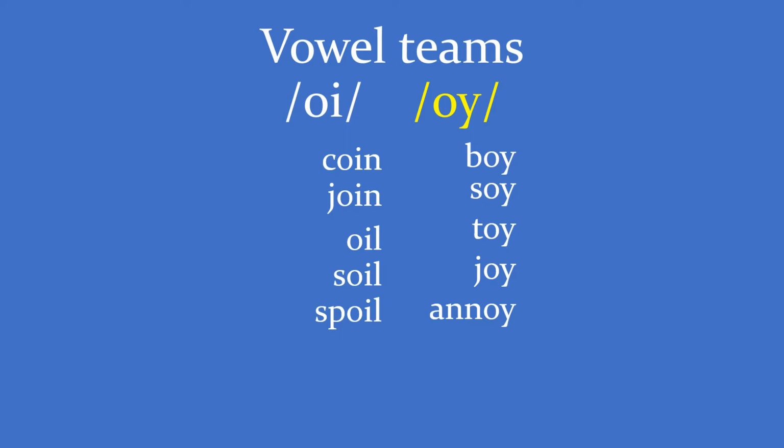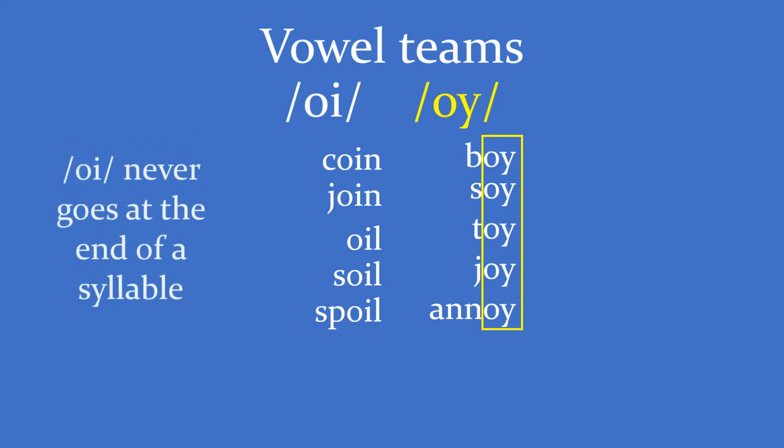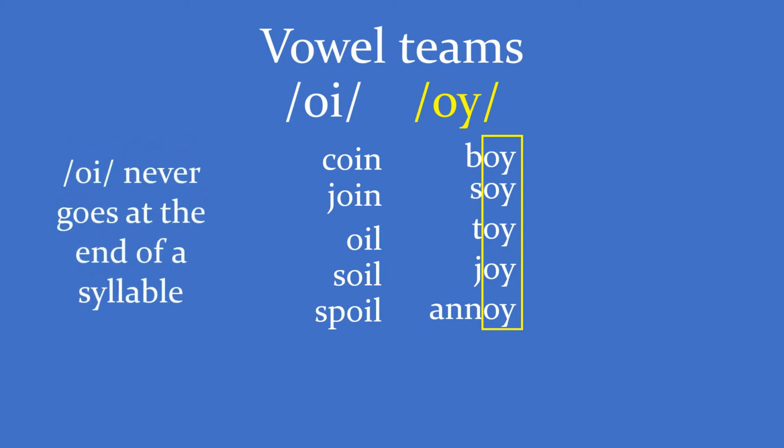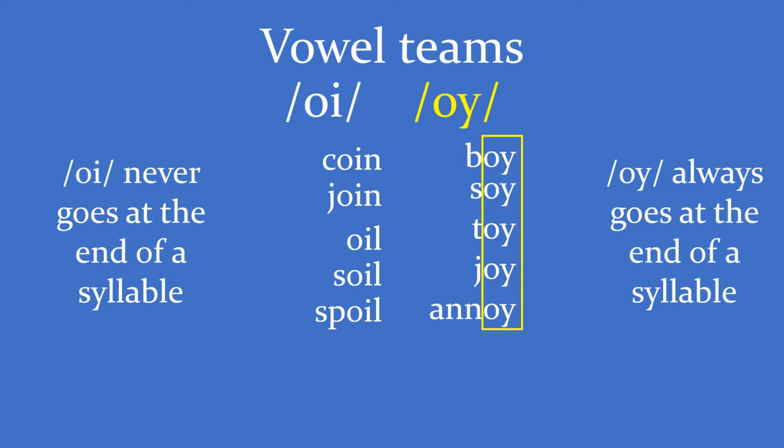Do you see any patterns, anything that might help us remember which one to use? So, OY, look where it is. OI never goes at the end of a syllable, and OY always goes at the end of a syllable.